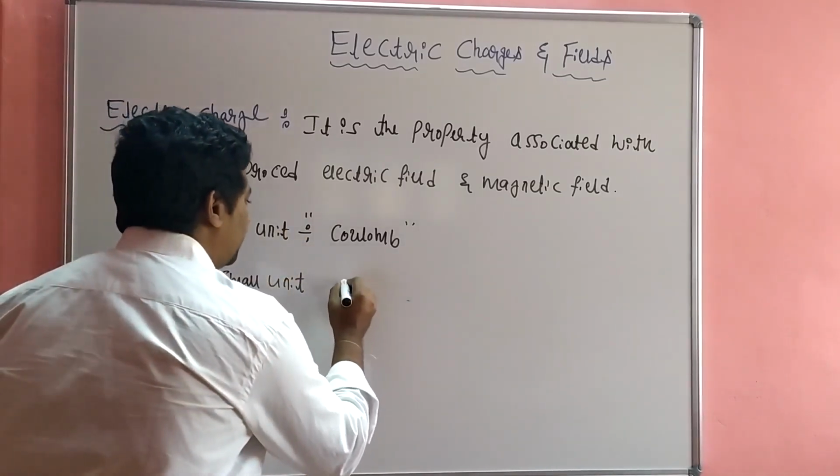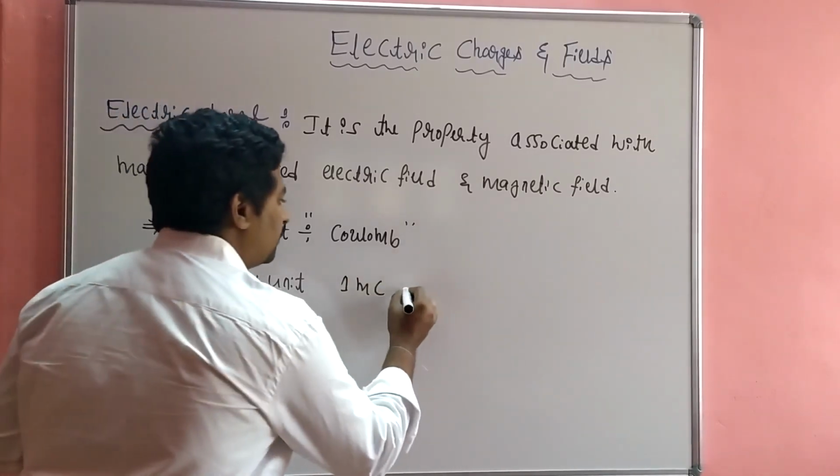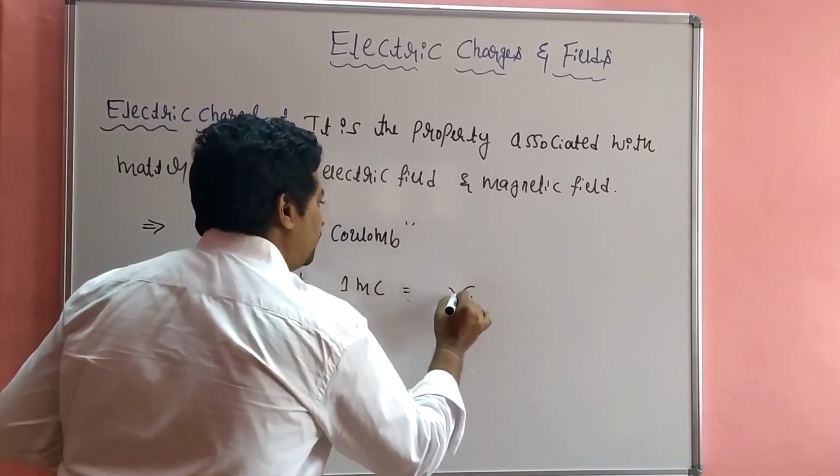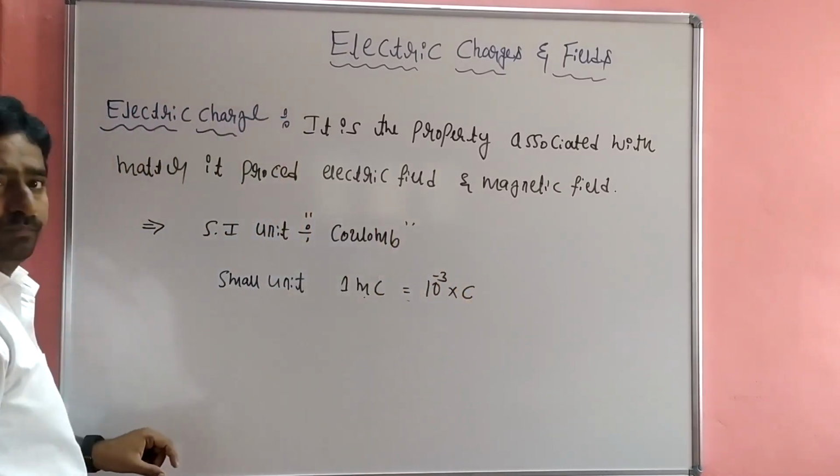First is millicoulomb. 1 millicoulomb, how to convert into coulomb? Milli means multiplying by 10 to the power of minus 3.